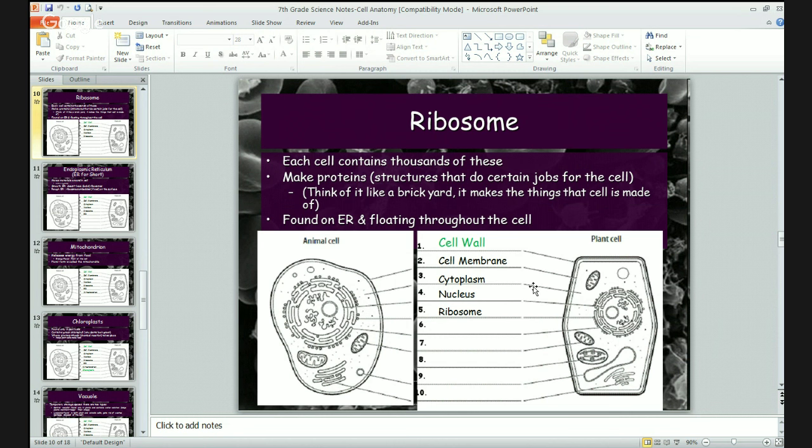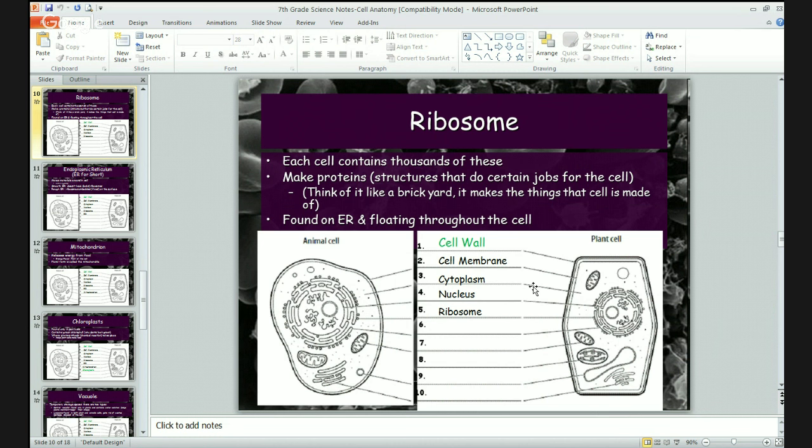It's harder to see in the diagrams, but the little specks, which look almost like dirt or dust, those are also considered ribosomes. So ribosomes can be found on the endoplasmic reticulum, which is that maze-looking thing, and they can be floating out in the cell. They can be free-floating, attached to nothing. Their job is to make proteins.